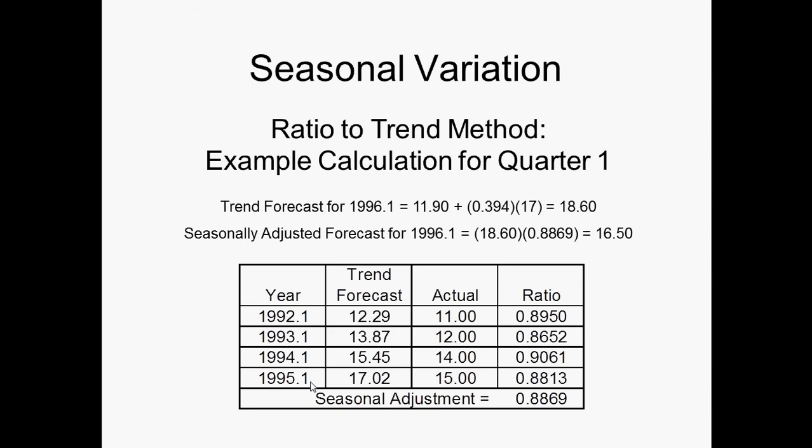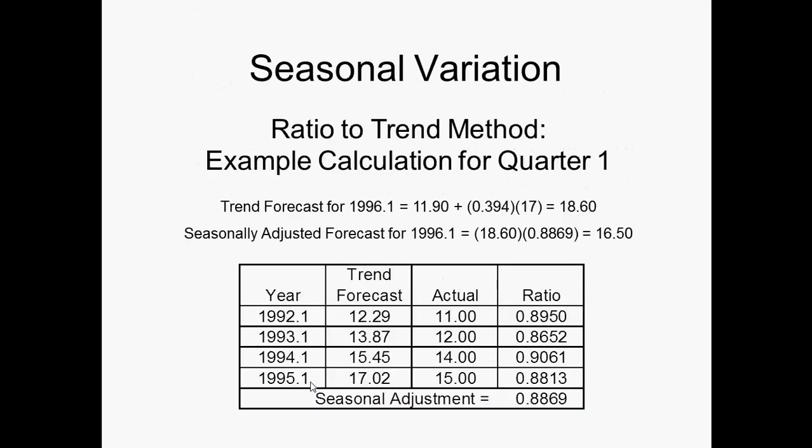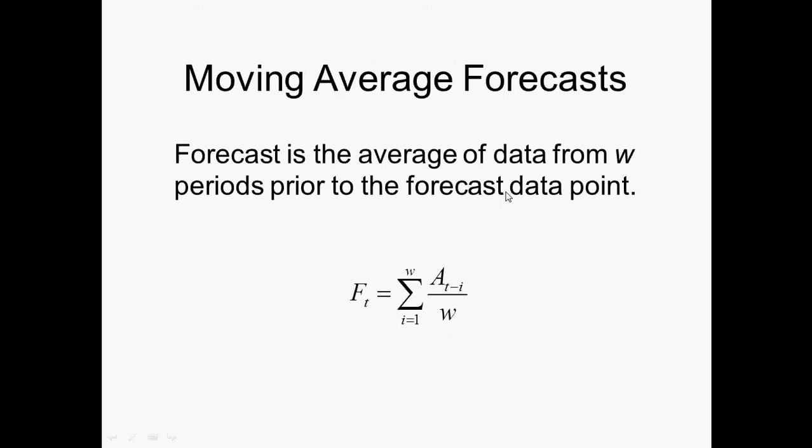But however that may be, this is an example. Maybe this is what the real data was. They calculate the seasonally adjusted forecast for the first quarter of 1996 based on years 1992 to 1995, and then they get this value of 6.5. Okay, so that's seasonal variation.